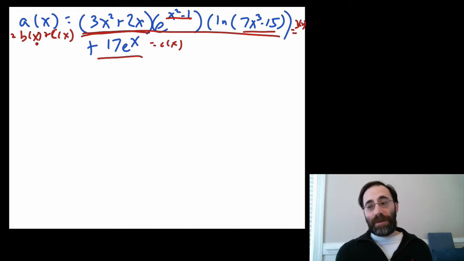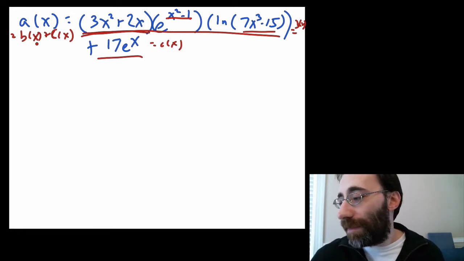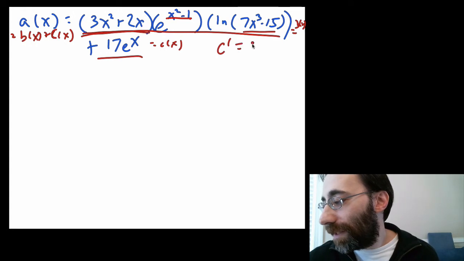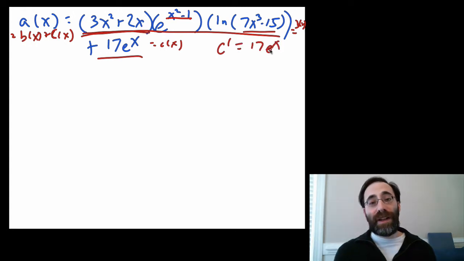So a prime is going to be b prime plus c prime. c prime is just 17 e to the x. The derivative of e to the x is e to the x, so that one is going to end up being 17 e to the x again. So that part we can deal with separately, put aside. So c prime is going to be 17 e to the x, and we'll put that aside for now.